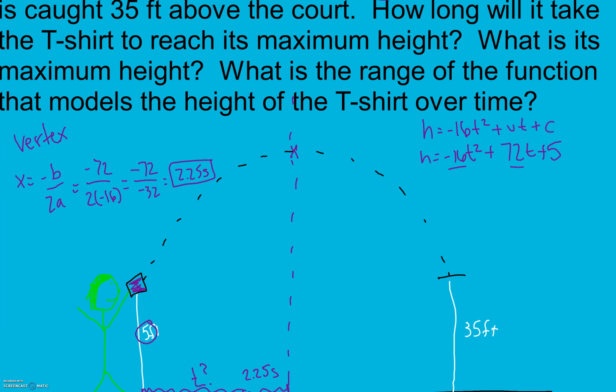Now, we want to know what is the maximum height. So we want to know this height right here. Well, if we know our x value, we can always plug it back in just like we do with a table of values, guys. But here the only point I'm worried about right now is the 2.25, that middle point. So we're going to plug that back into our formula here.